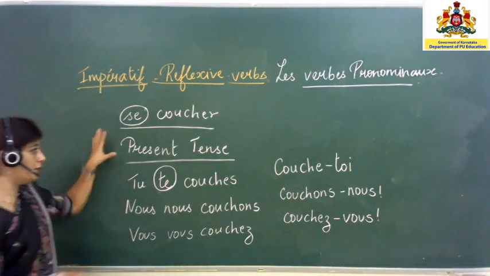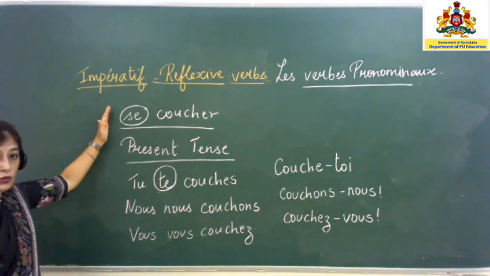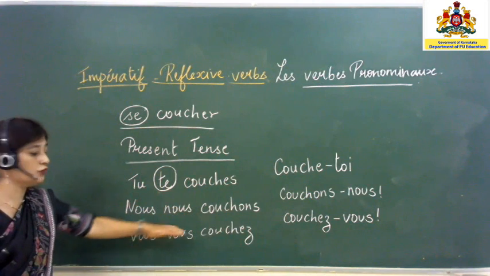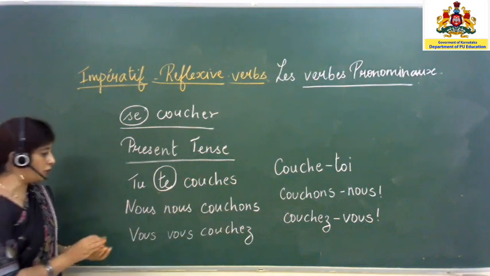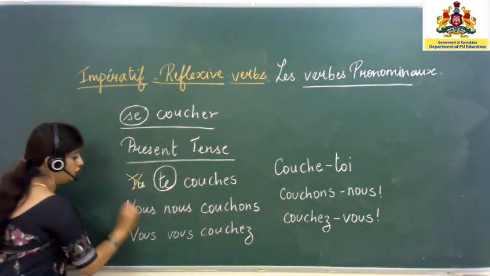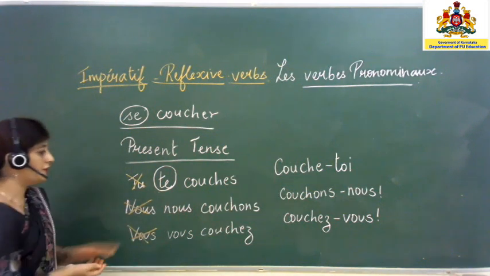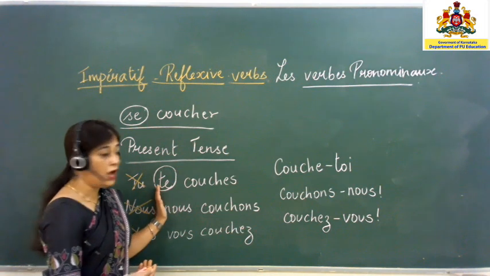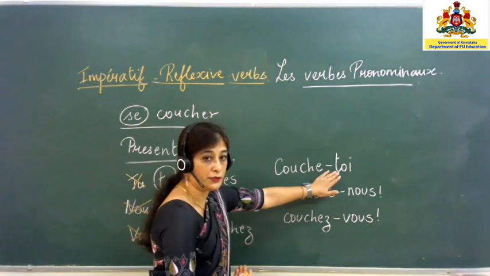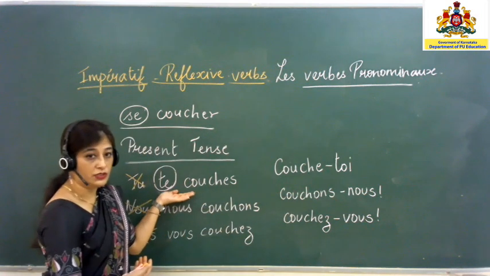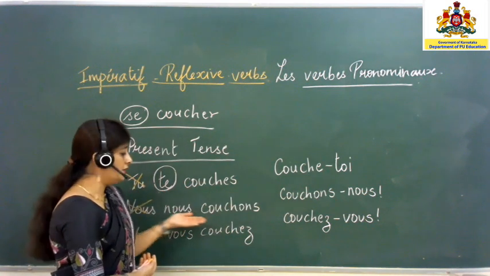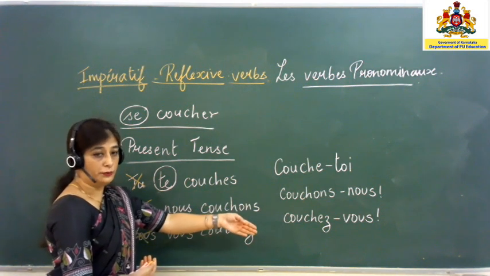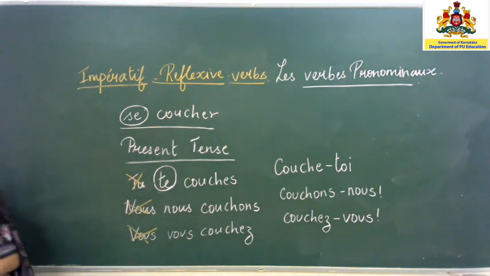So again, from the present tense of the verb, our verb was se coucher. The present tense is tu te couches, nous nous couchons, vous vous couchez. You have to remove the subject pronoun. So you are removing the tu, nous, and the vous. But the reflexive pronouns remain, right? So you have to put the reflexive pronoun after the verb with a hyphen in between. Only the reflexive pronoun te changes to toi. The reflexive pronouns nous and vous remain the same but are placed after the verb. I hope you have understood so much.